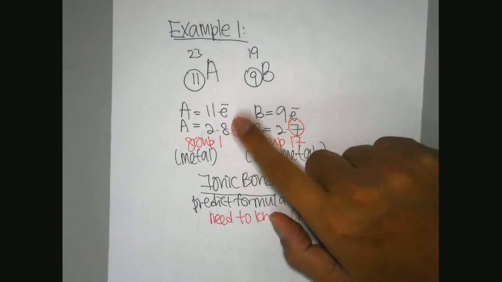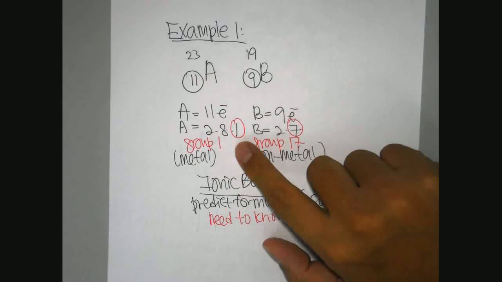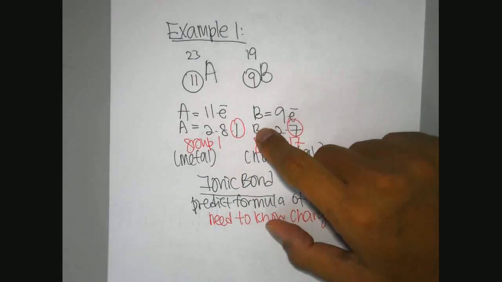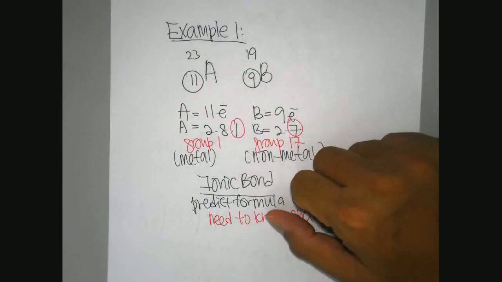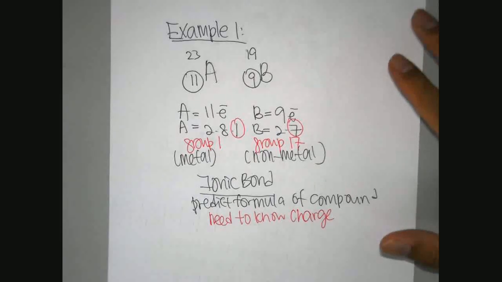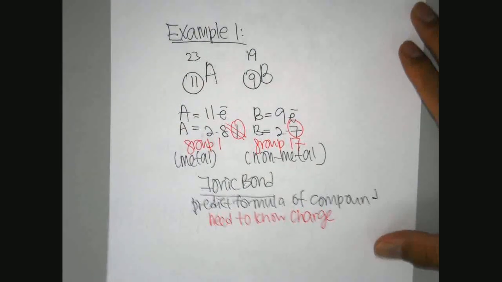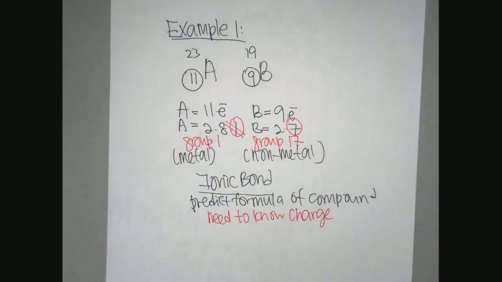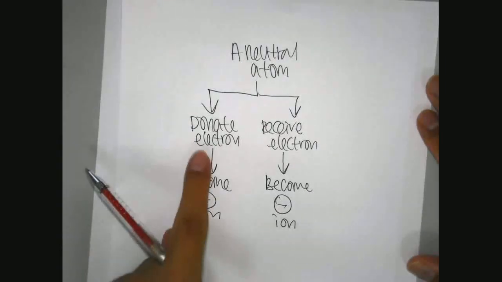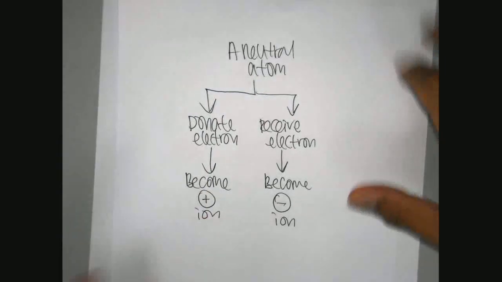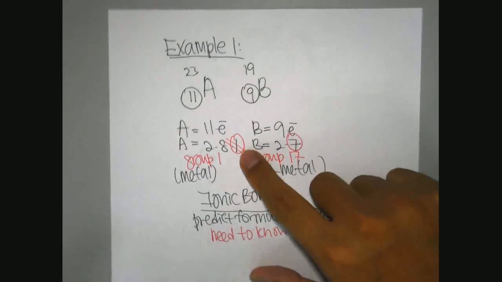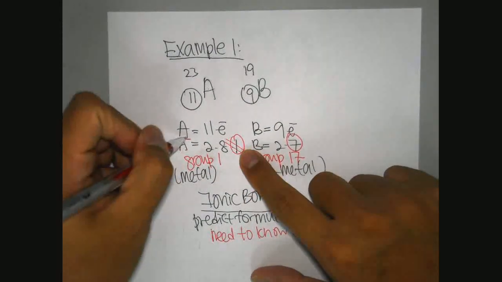Or second method, we can take in 7 to become 2.8.8, which is also octet and stable. While throwing one electron seems easier than taking in 7. Therefore, A will throw one electron away to be stable. And when A donates the electron, it becomes a positive ion. A donates one electron, it becomes A+.